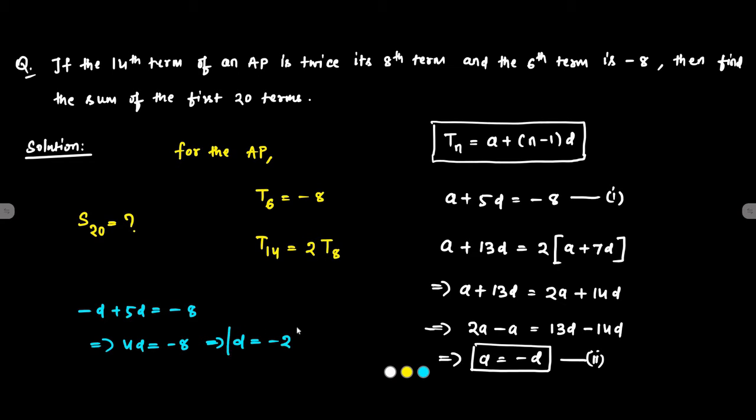So we have the common difference, D is equal to minus 2. A is equal to minus D, so A is equal to minus of minus 2, which is equal to 2. A is equal to 2. So we have A, that is the first term, and D, which is the common difference. We have been asked to find the sum of the first 20 terms.